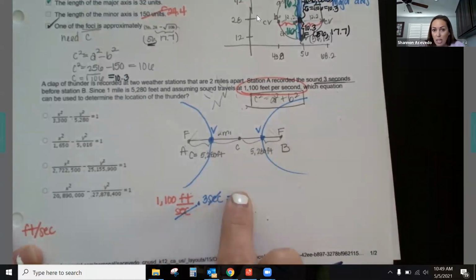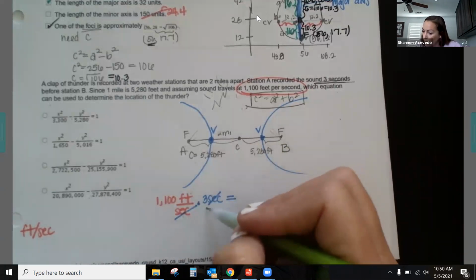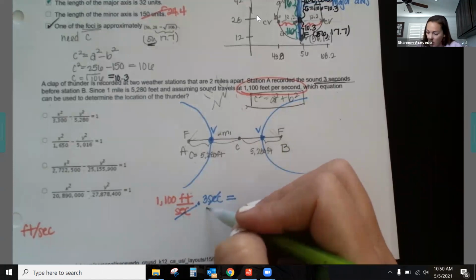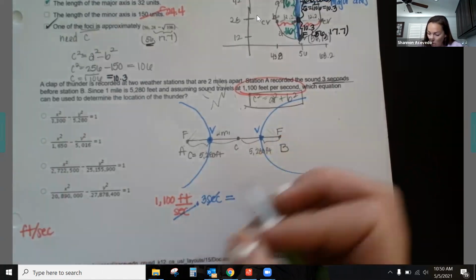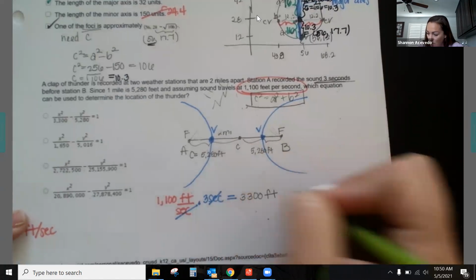So that's why I want you to see that idea. The second is going to cancel out with the second you're dividing by, and it's going to be 1,100 times my 3 seconds. That's going to leave me with 3,300 feet.